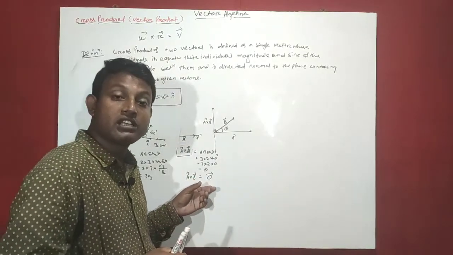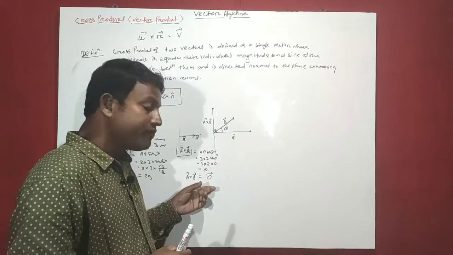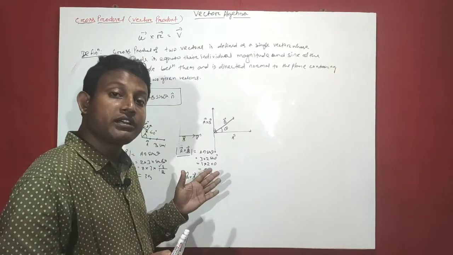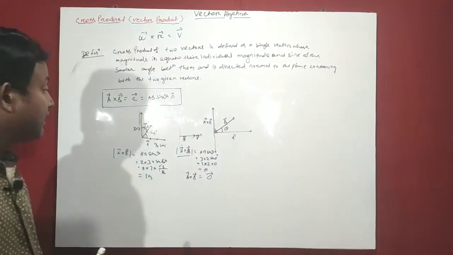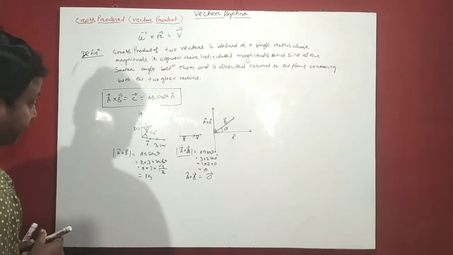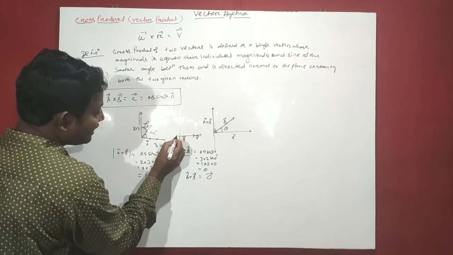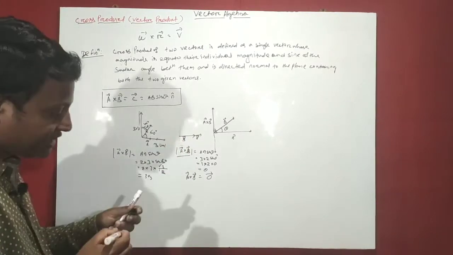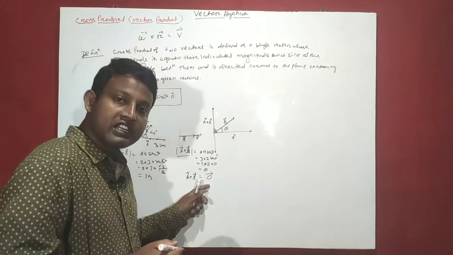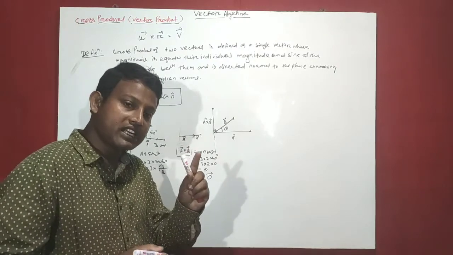The magnitude of a zero vector is 0 and its direction is arbitrary, because we represent a zero vector or null vector as a point.